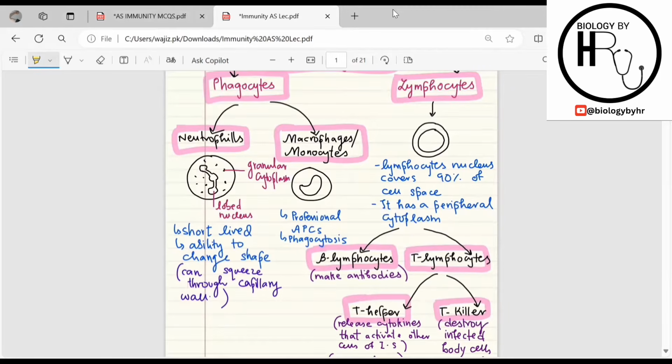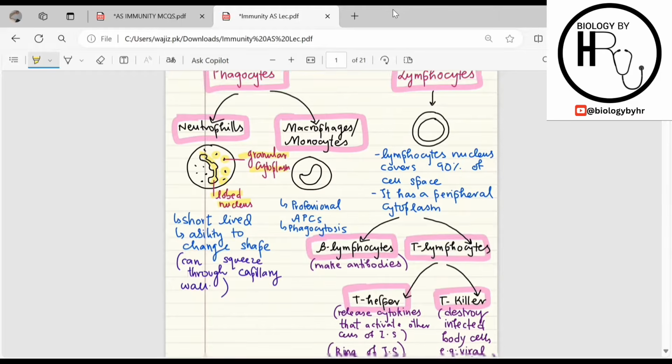We know that neutrophils have a lobed nucleus, as we can see, and they also have a granular cytoplasm. We can see these small dots over here, which represent the granular cytoplasm. It does not have a clear cytoplasm.